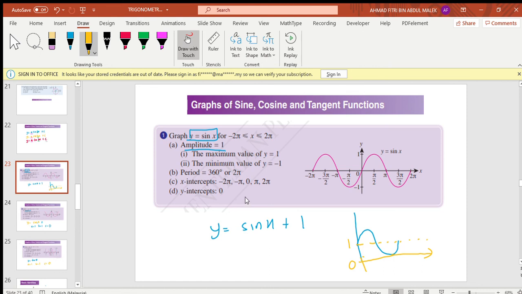So this is the starting point only. We will show more examples so that you will understand.